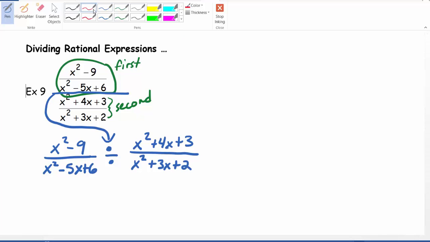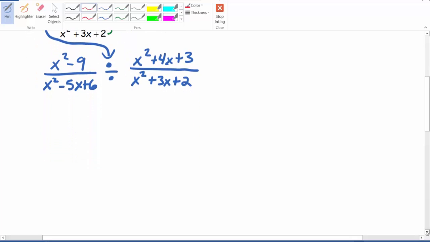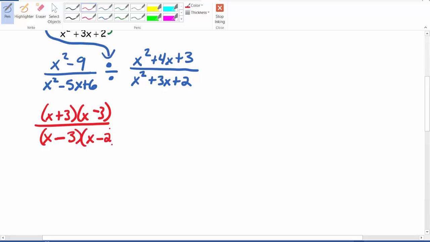Next, what we typically do is go ahead and factor this. So when we do that, we end up with x plus 3 times x minus 3 on the top left one, divided by x minus 3 times x minus 2.